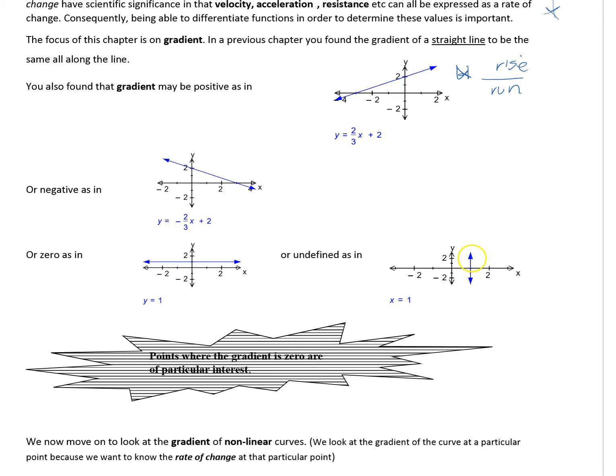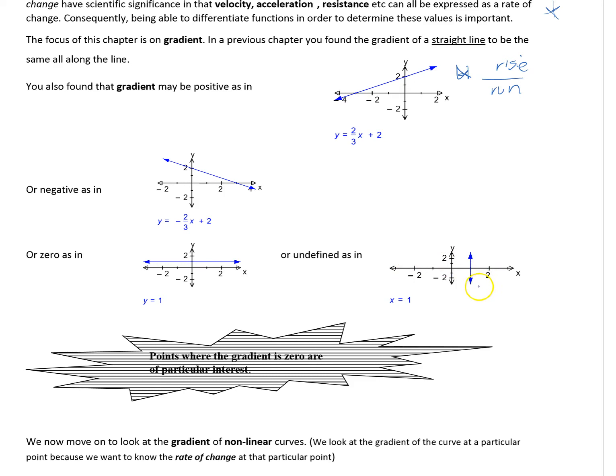We don't come across this situation very often. However, if our tangent was vertical, if there was a point on our graph at any stage where, if we drew a tangent, the tangent was vertical, then it has undefined gradient.